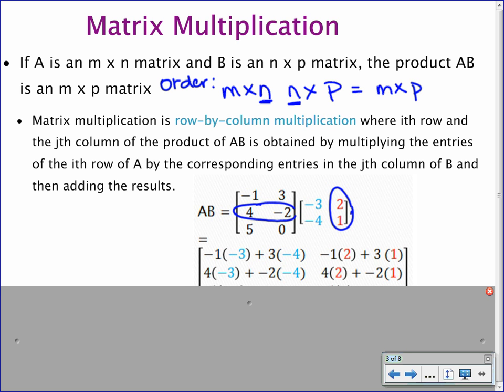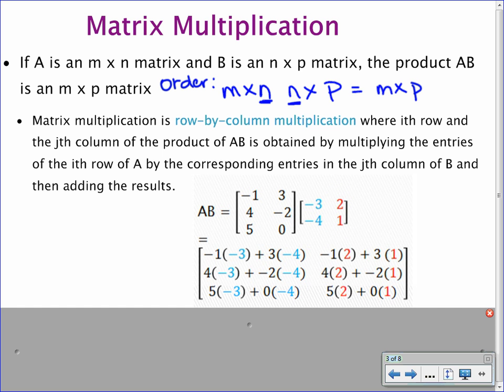And then we just keep moving down our row until we get to the end. Now I'm on the third row, so I can multiply it by the first column: 5 times negative 3, 0 times negative 4. That goes in the third row, first column. And then finally the third row, second column. This is my last entry because I put the last row in the last column.